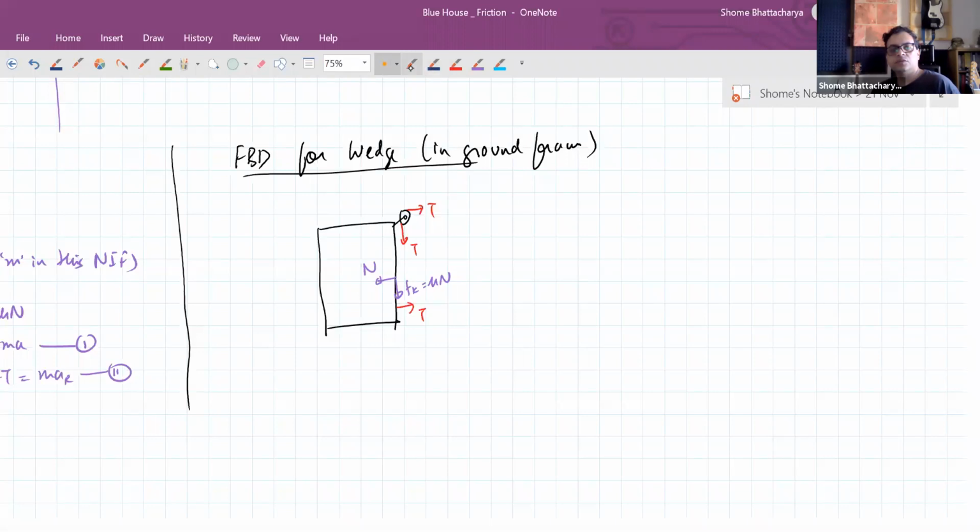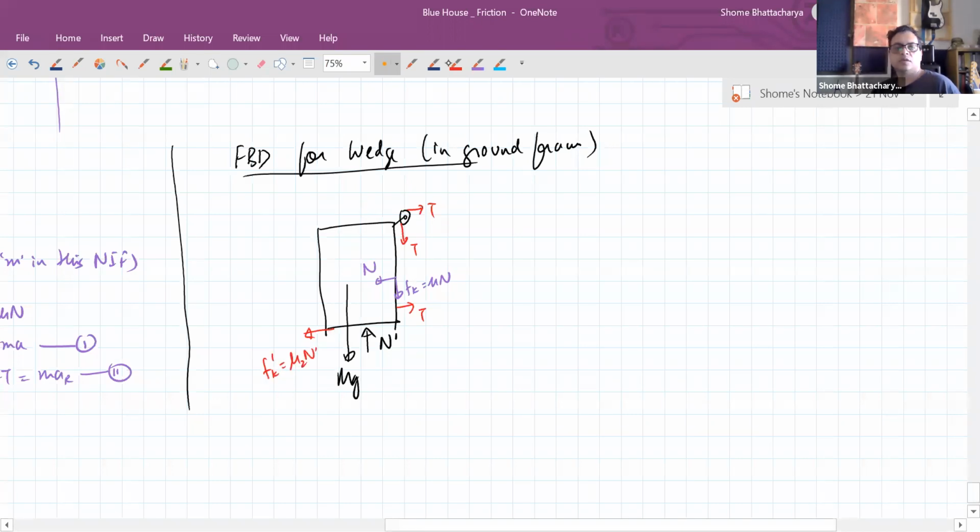And of course, the wedge's own weight, capital Mg, the normal reaction that the ground applies, N prime let's say, and some kinetic friction here, which is mu2 into N prime. And all this together in the ground frame is giving it an acceleration A like this.